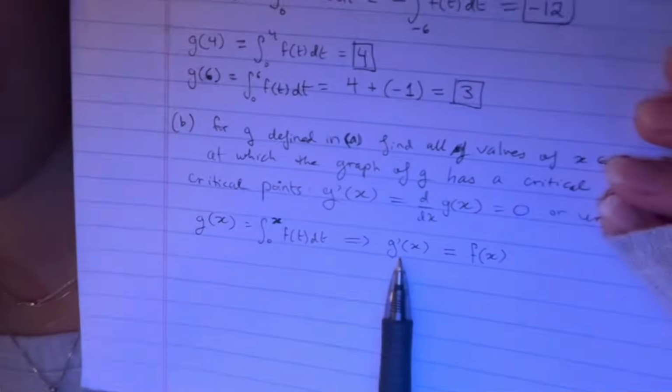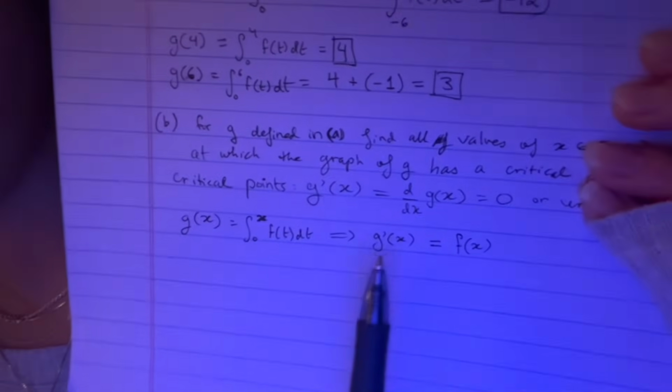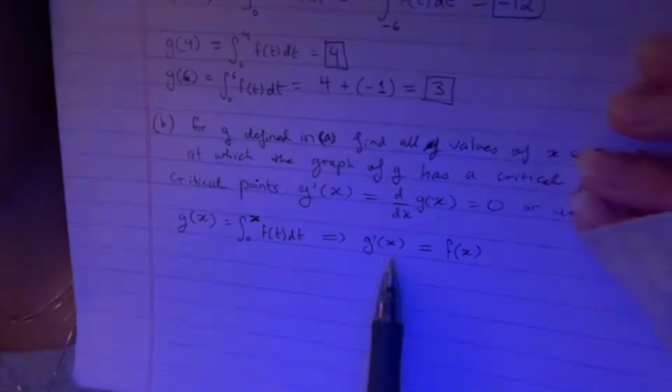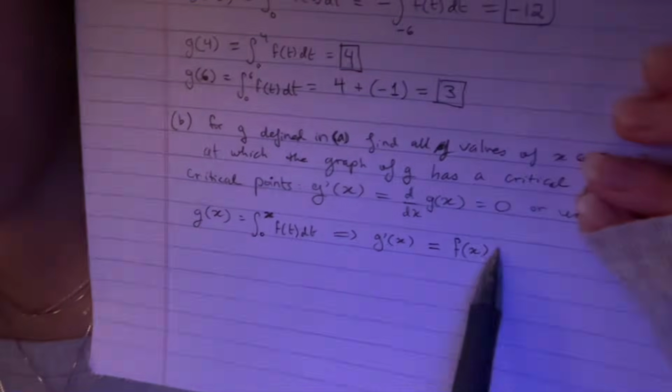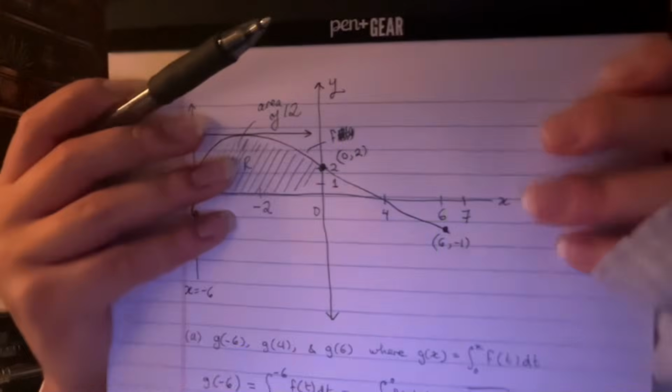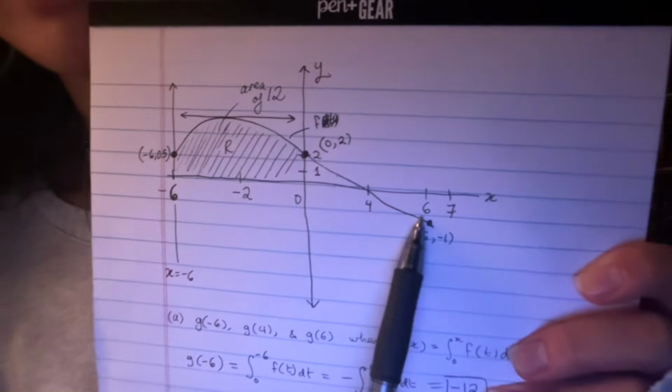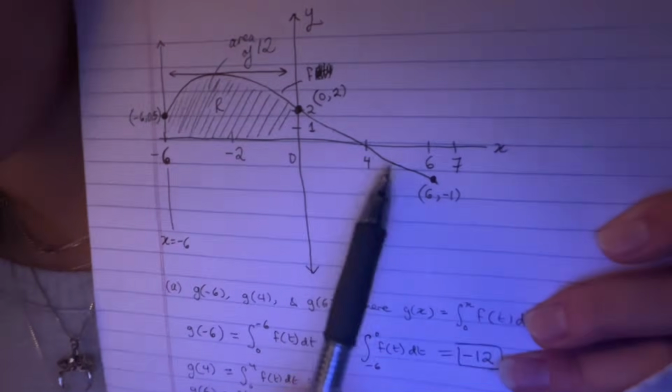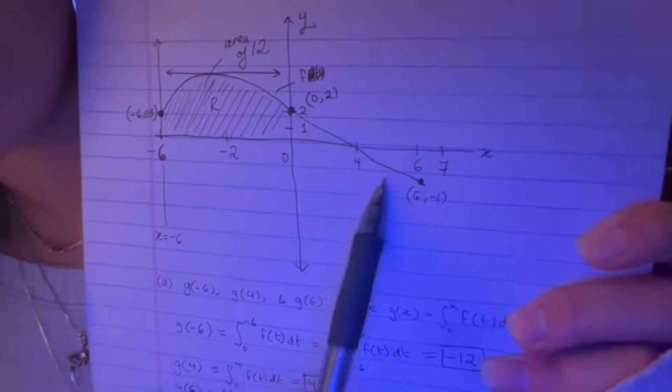And if we want to figure out where the derivative of g equals 0, then that means we want to know where f is equal to 0. And if we look at our graph, we can see that from 0 to 6, f is equal to 0 at the point x equals 4.